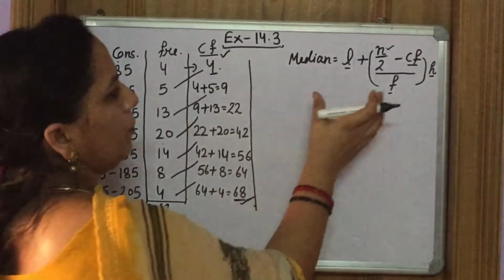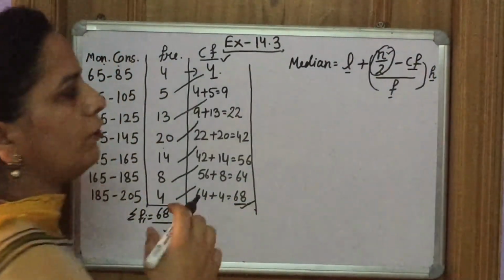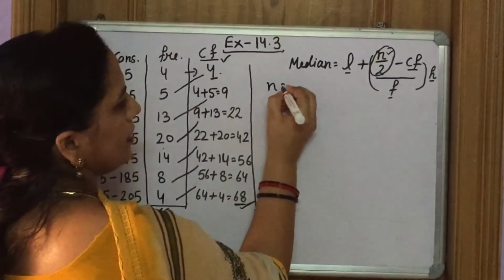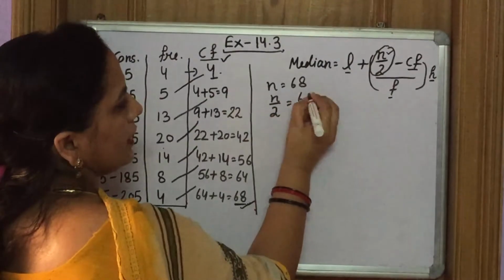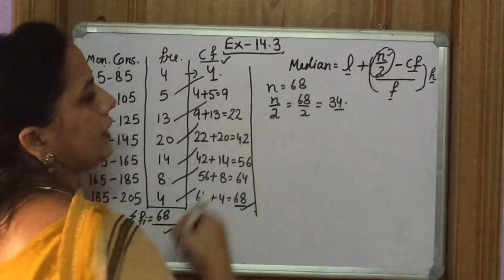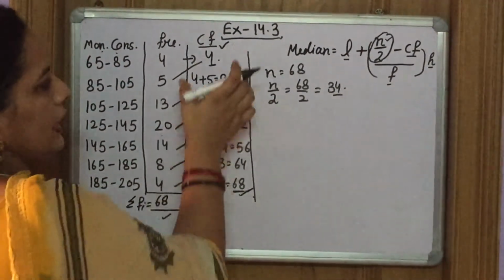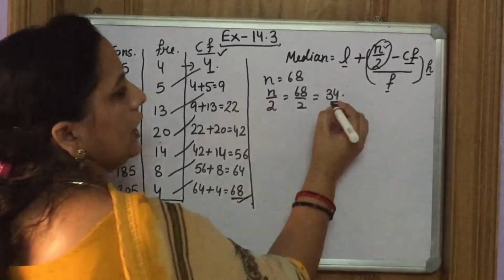Now in the formula, we start to find the median from n by 2. n is here 68. So n by 2 will be 68 by 2, that is 34. Now find a number in the cumulative frequency which is nearest to 34.